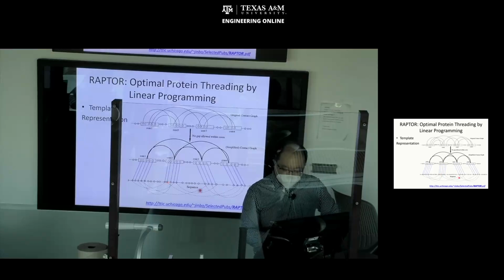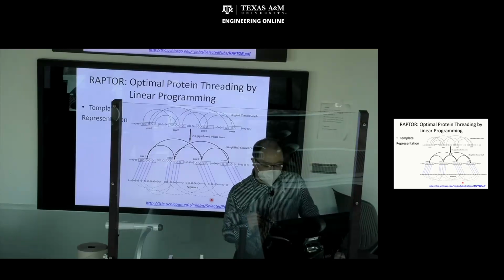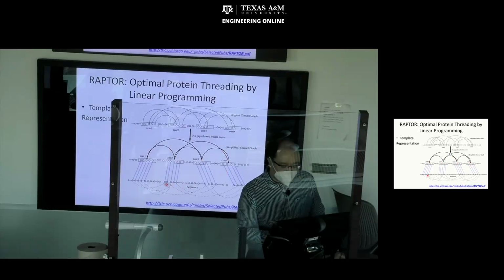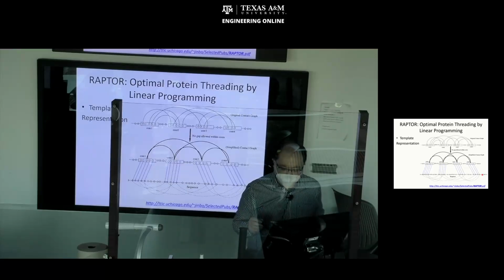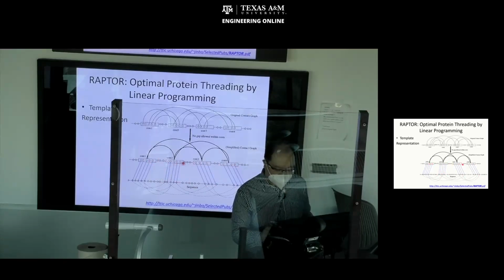Now you see these dashed arcs. What are the dashed arcs? The dashed arcs are very similar to the solid arcs in the template structures. In the query sequence, we don't have structures and we don't know the actual contacts. But we are saying that if this query sequence feels okay to fold into a fold like this, then its 2D contact should resemble the solid arcs observed in the template structure.